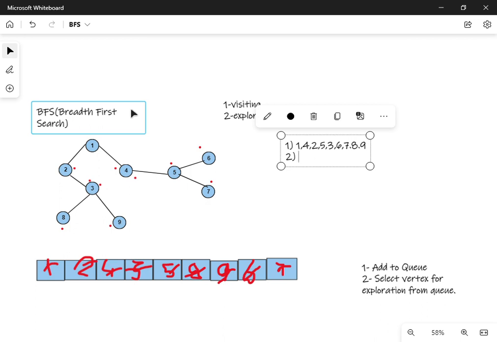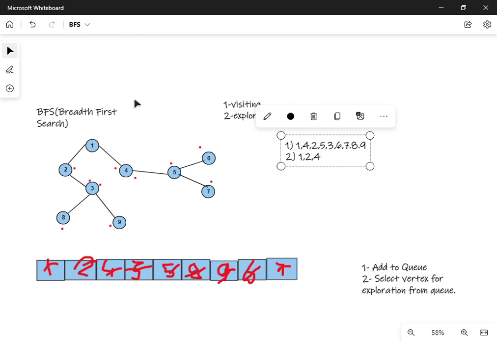Let me start again. Let me start with 1 as our first vertex. The adjacent vertices of 1 are 2 and 4. Okay, so now 1 is completely explored.